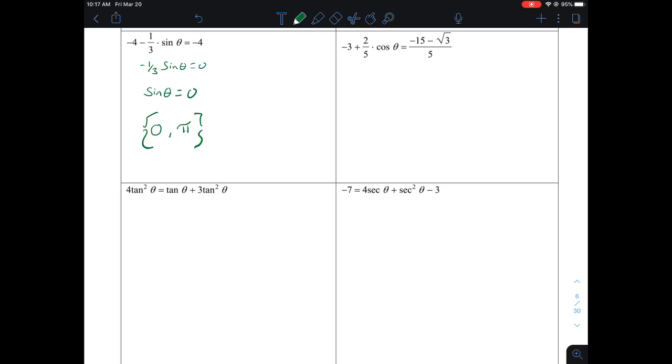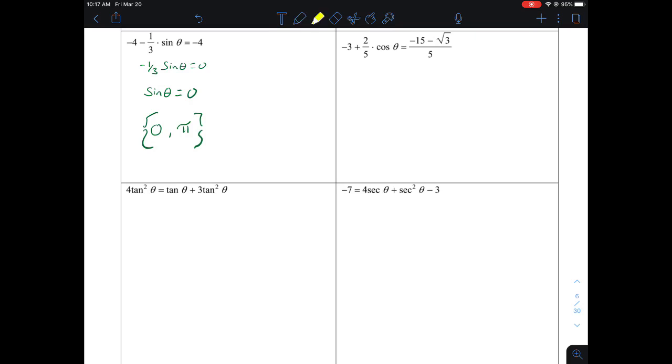Now on to the one beside it here. Same game here. I want to isolate the trig function so that I can see exactly what it is supposed to equal and see if I can go hunt it down on my unit circle. Now with this kind of problem, I would not add the 3 to the other side first.